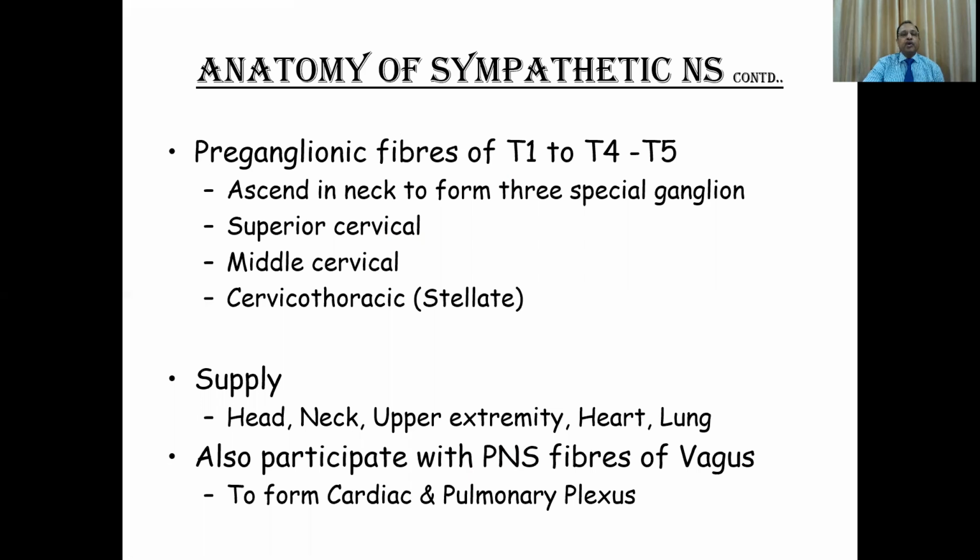And the postganglionic fibers from here rise up to supply the head, neck, upper extremity, heart, and lungs. And they also participate with parasympathetic fibers of the vagus to form the cardiac and pulmonary plexus.